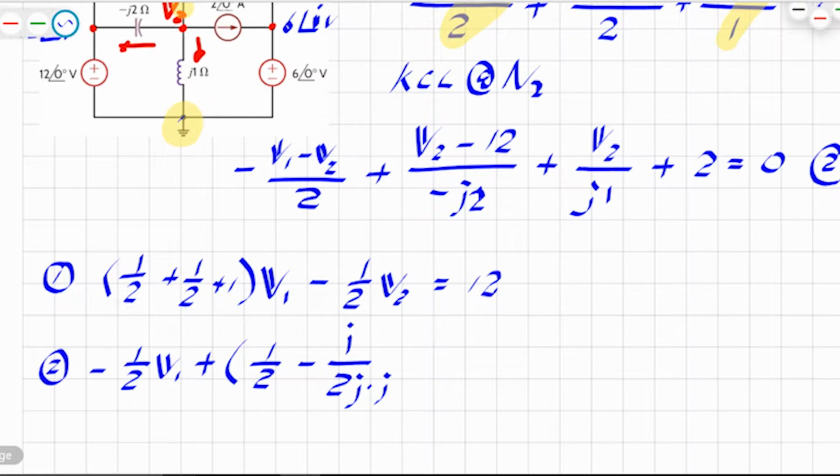So that changes it to positive, and J disappears because J times J is just a -1.